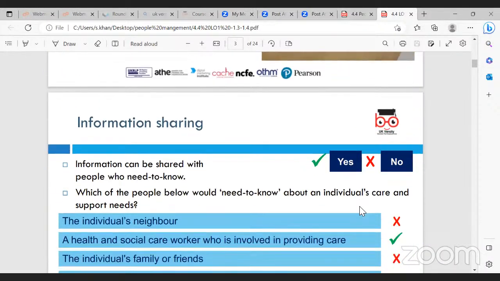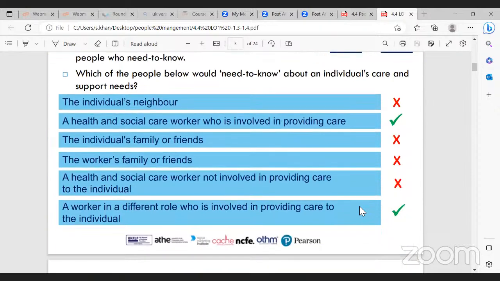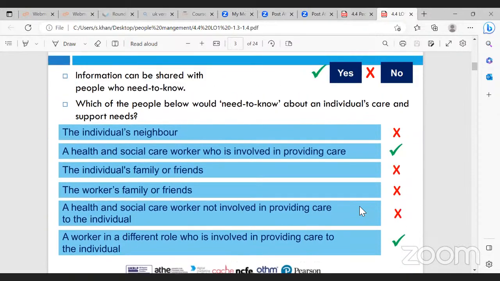Information sharing. So information can be shared with people who need to know. Which of the people below would need to know about an individual's care plan, care and support needs? The individual's neighbour, do they need to know? No. Healthcare worker who is involved in providing care?